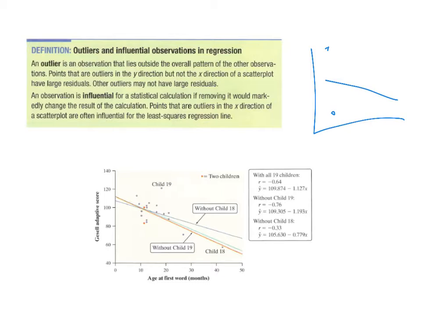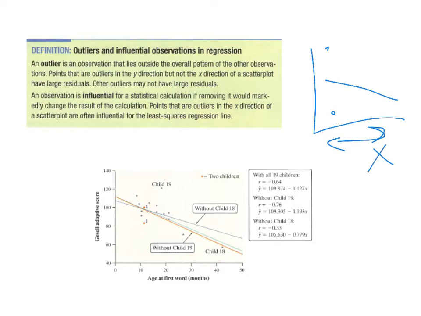An observation is influential if, when you remove it, it markedly changes the results of my calculations. Observations are more influential when they are outliers in the x direction than in the y direction.